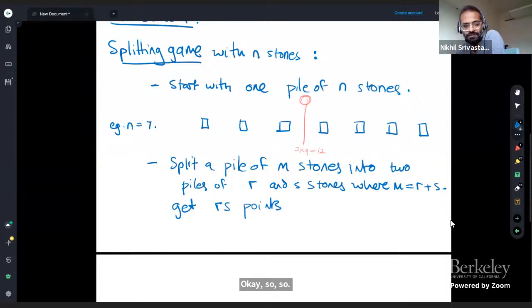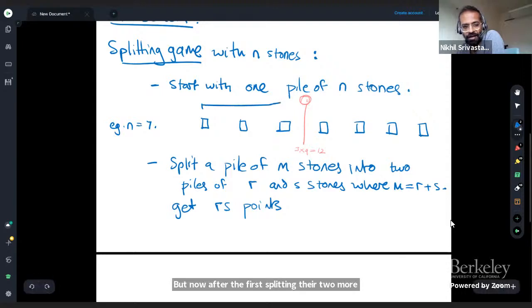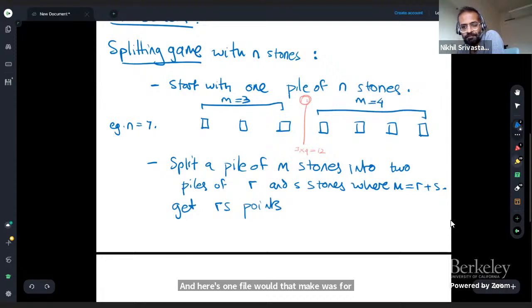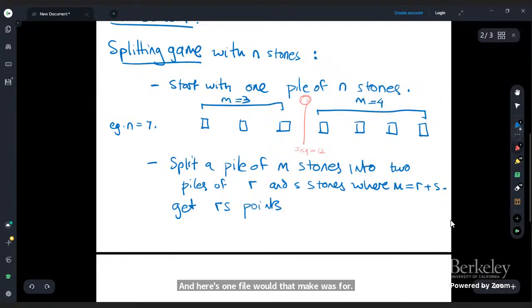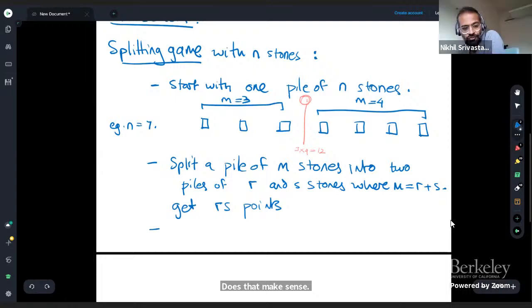So before you do any splitting, there's only one pile of 7 stones. But now after the first splitting, there are 2 more piles, right? So here's one pile with M equals 3. And here's one pile with M equals 4. Does that make sense? Okay, so now the game is you keep repeating.